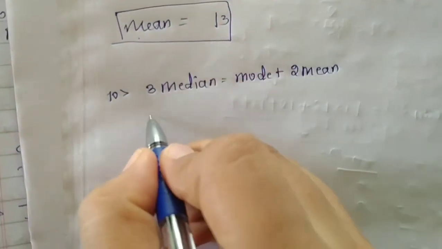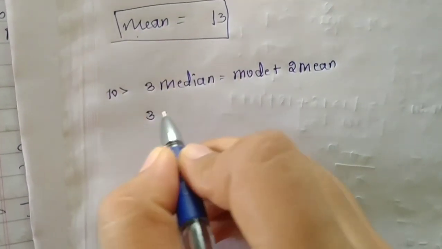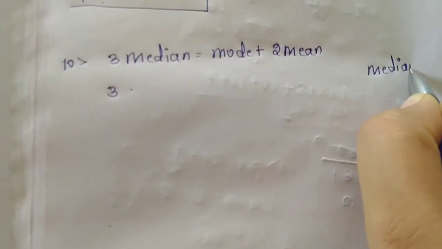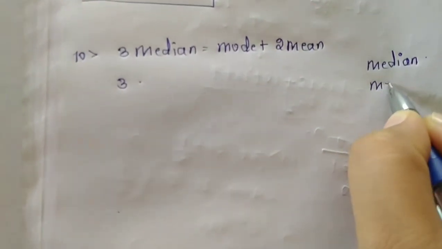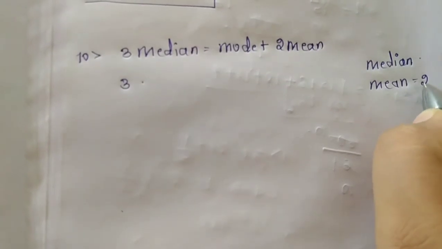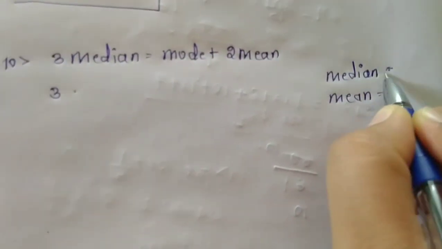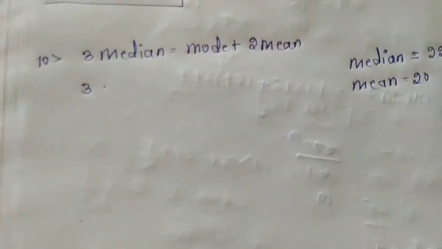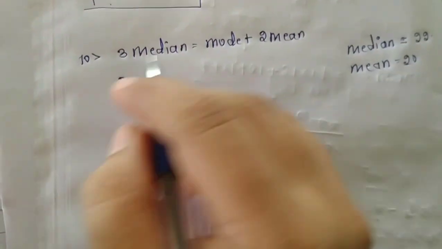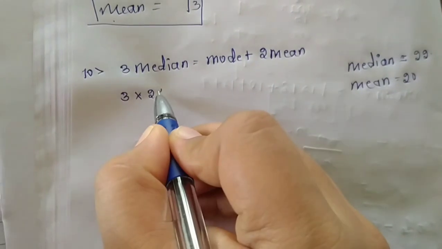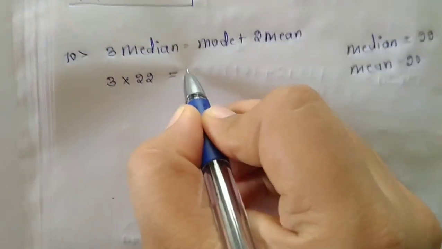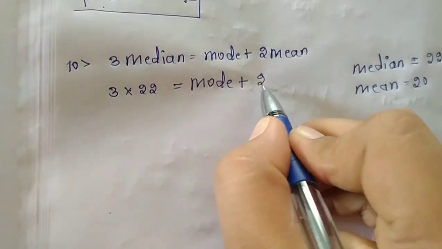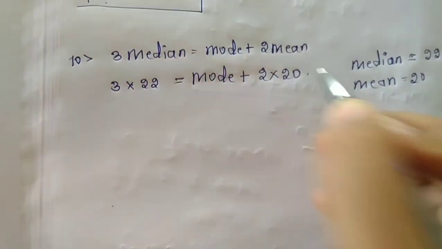In the question they have given the value of median and mean. So mean is 20 and median is 22. Just substitute these values in this formula, that is 3 median. Median is 22 equals mode, which we have to calculate, plus 2 into mean, which is 20.